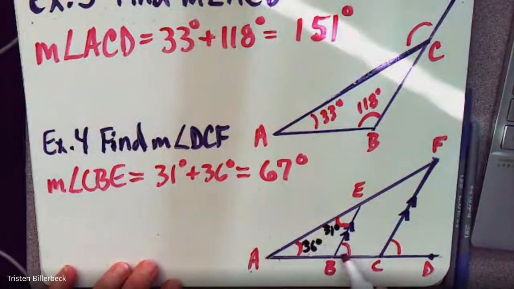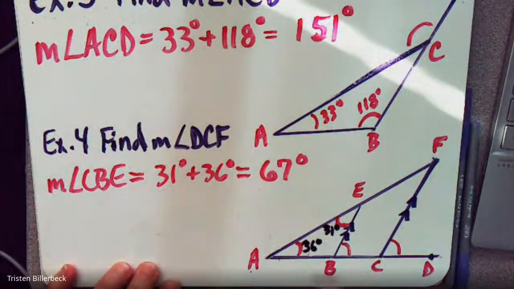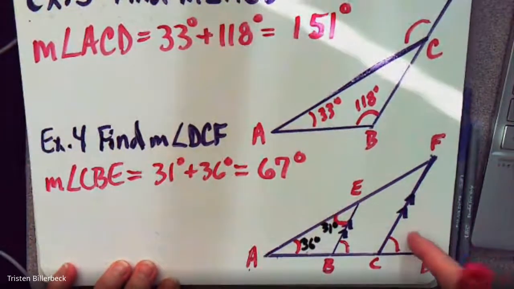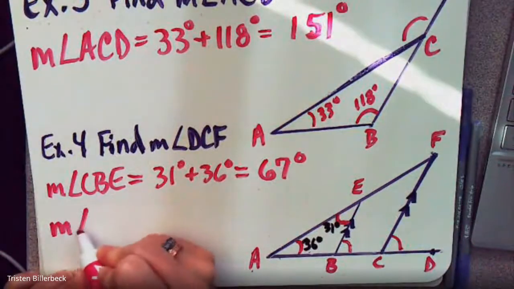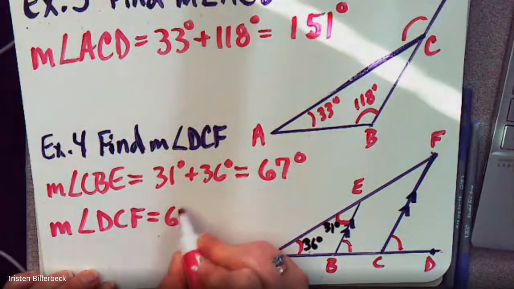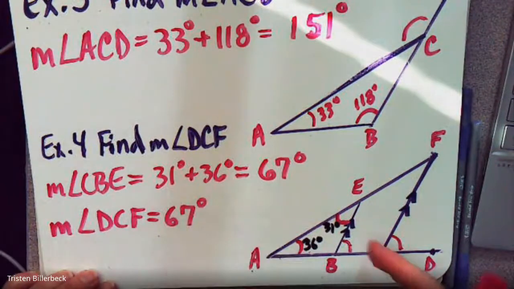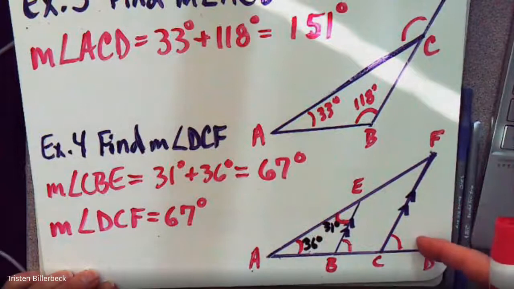The measure of CBE and this angle are corresponding, so this angle is congruent. So the measure of DCF also equals 67 degrees because we have parallel lines, a transversal, and corresponding angles.